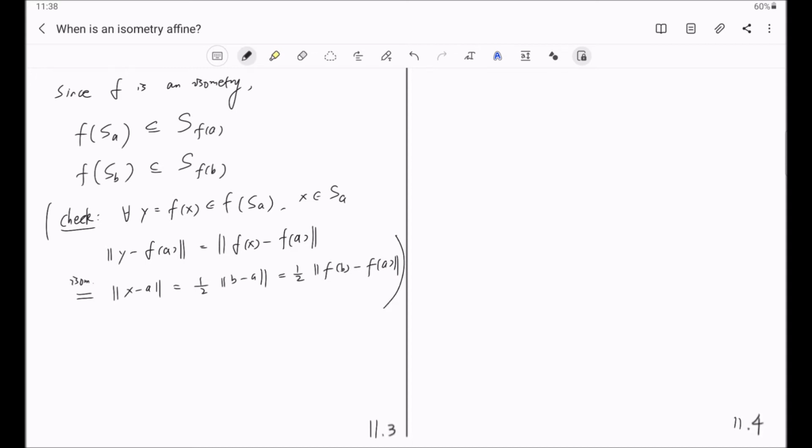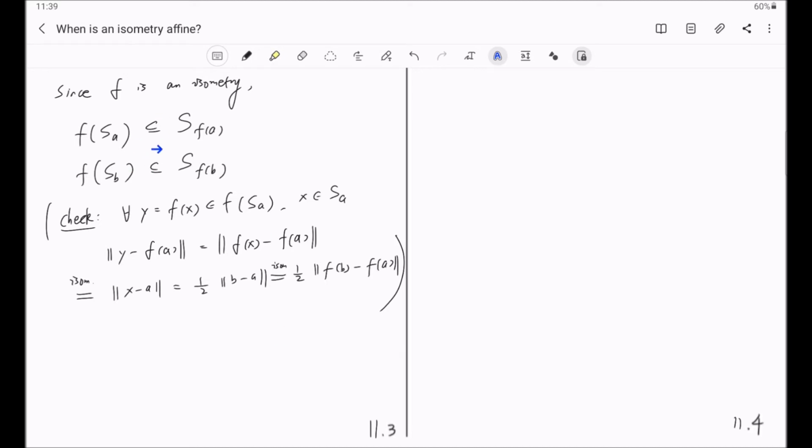So this proves that y is in S sub f(A), and thus we have this containment, and similarly we have this containment.